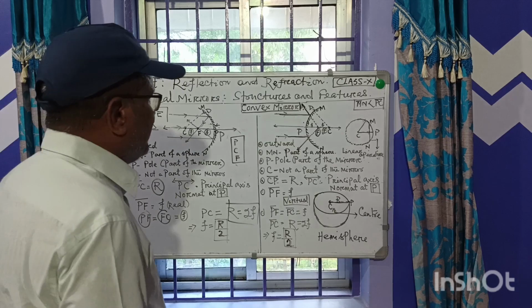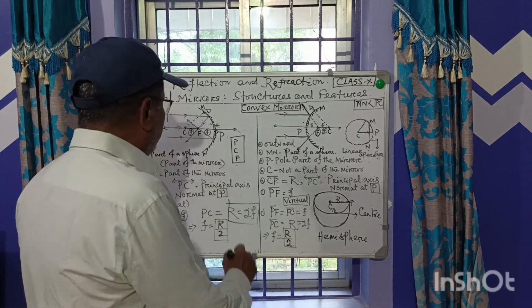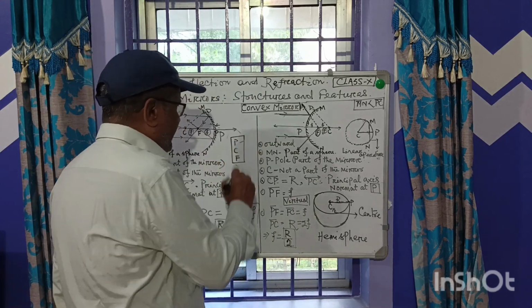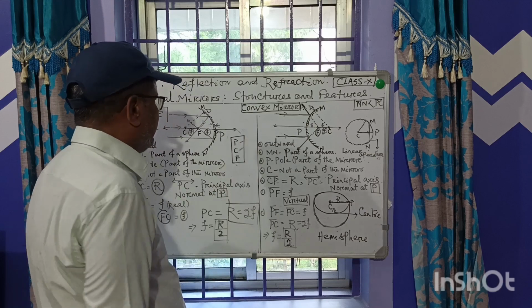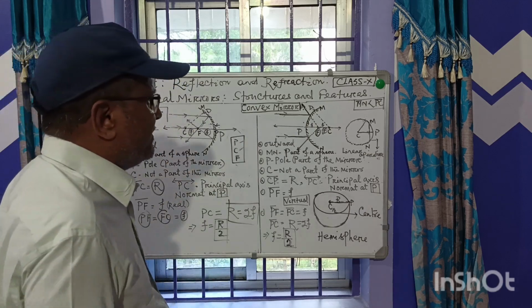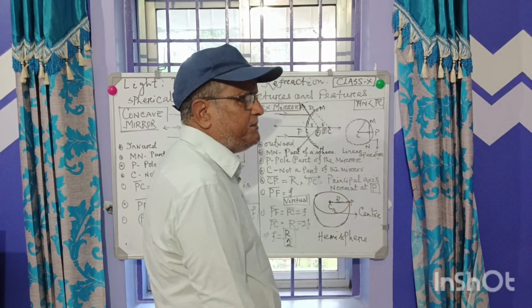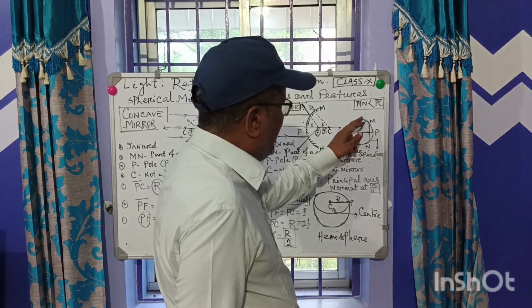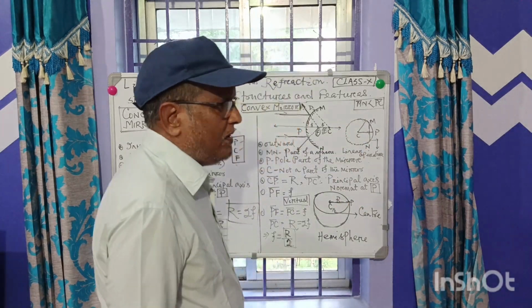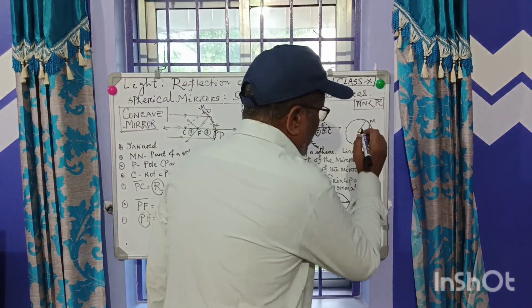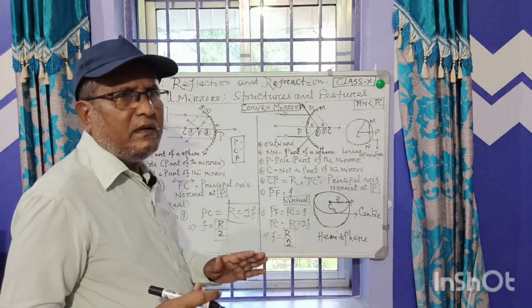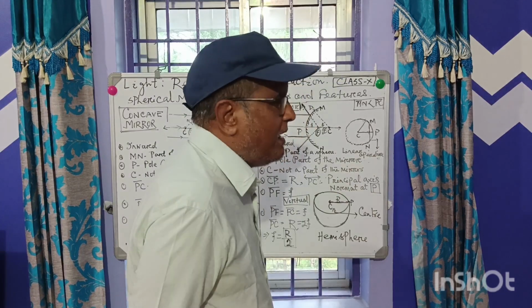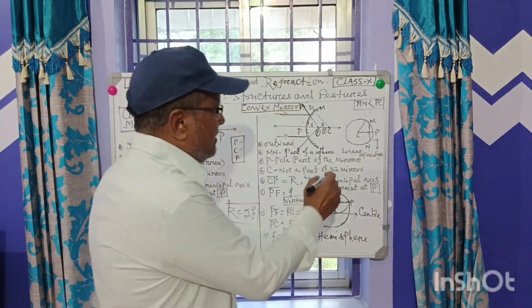Now we have got one point P and point C. Now look here, we have taken an example to explain, that is what we have written, aperture.